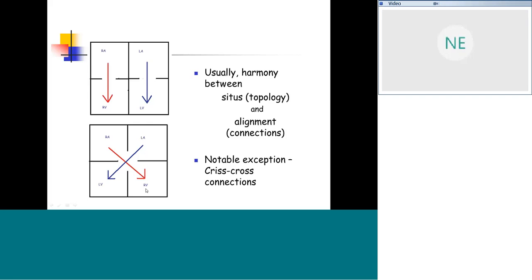So this is what is crisscross inlets, where you do not have harmony between the situs and the alignment. So this is what is crisscross ventricles. Superior-inferior ventricles and crisscross ventricles are exceptions and they are rare.